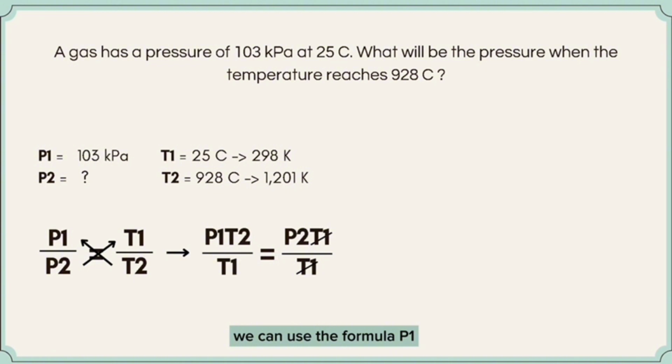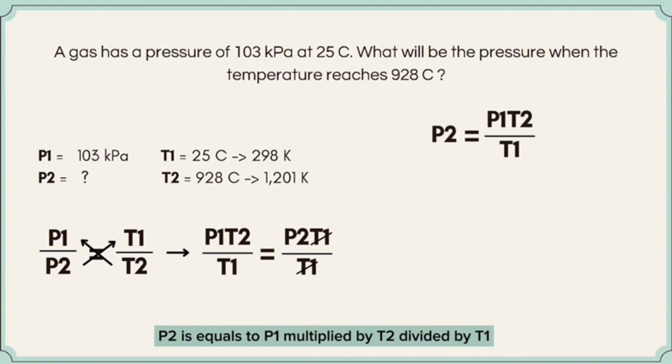We can use the formula P1 over T1 is equals to P2 over T2. Cross multiply and divide both by T1 so that we can cancel the T1 on the other side and P2 will remain. P2 is equals to P1 multiplied by T2 divided by T1.